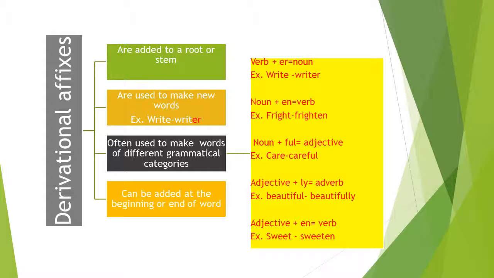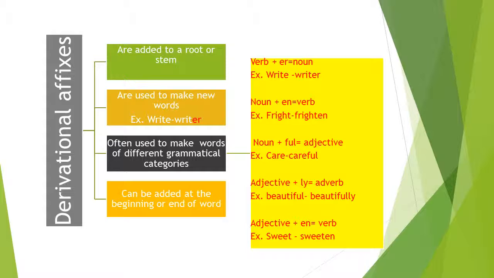Another example is a noun. When you add the suffix ful to care, you add the ful, careful, so it becomes from a noun to an adjective. Take a look at the examples that are in the slides.